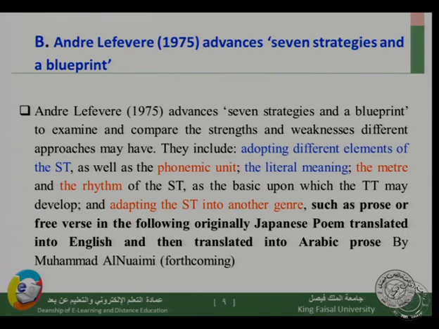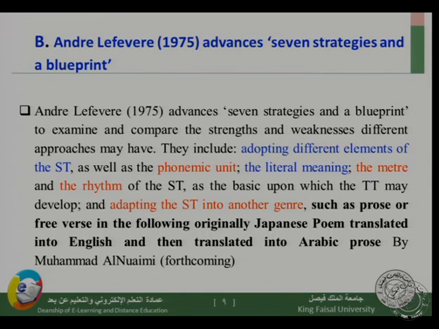I mean, he would say, okay, when I'm translating a literary text, whether poetry, novel, story, or whatever, I need to look into the following elements: the ST, meaning the source text, and the phonemic unit, the phonemes of the expression, and then the literal meaning and the meter and the rhyme of the ST, and then I have to use all this information when I'm translating into another language or another genre or another type of text. It means into the target language.